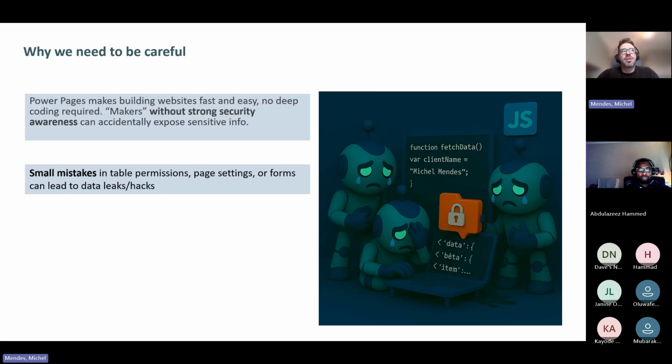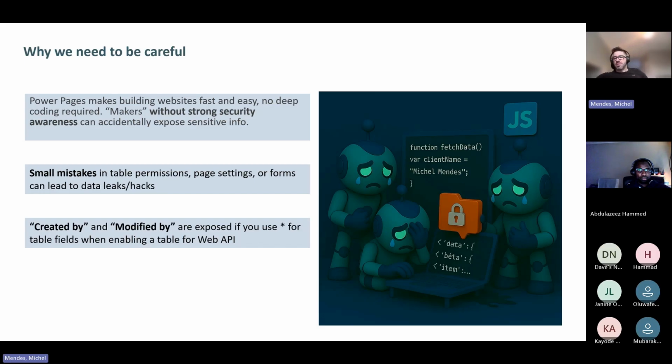In the end, if you read between the lines of those, it's not that Power Pages was hacked. In all those situations, what happened was someone created a Power Pages website, did not configure permissions properly, or over-enabled things that shouldn't be enabled, and because of that, the data leaked. But it was not a problem in the product. It was a knowledge problem, basically.